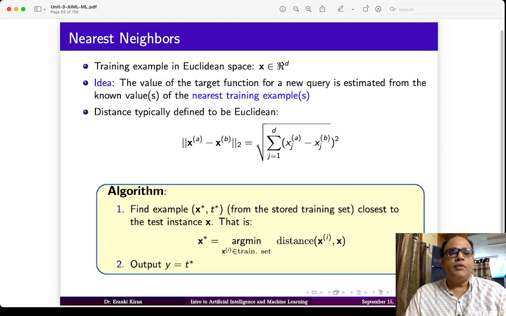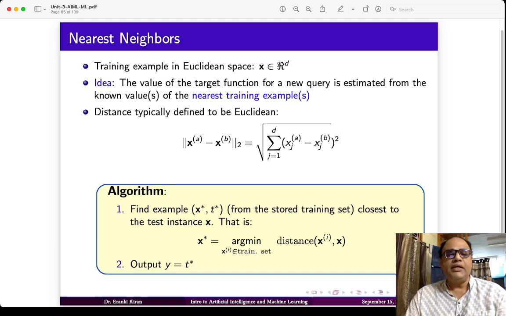The algorithm for implementing the k nearest neighbor is a two-step process. The first step is to find the examples that are closest in proximity to a selected data point, that is, x star from the stored training set closest to the test instance x.